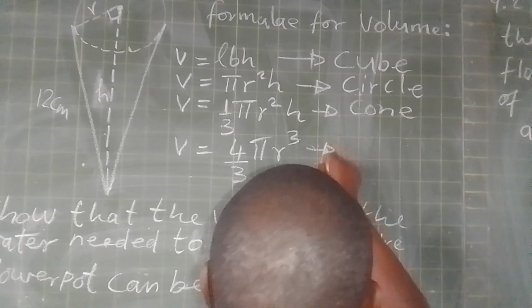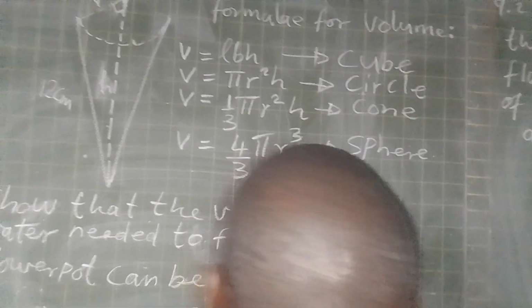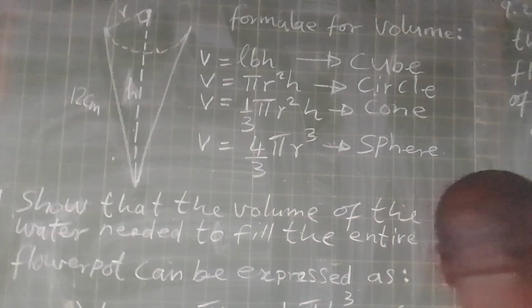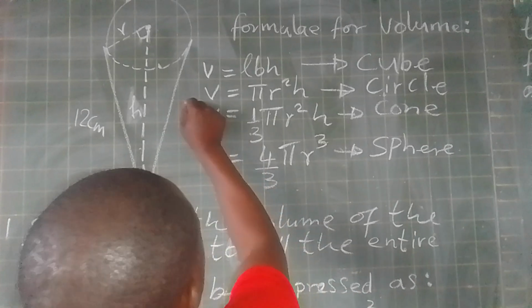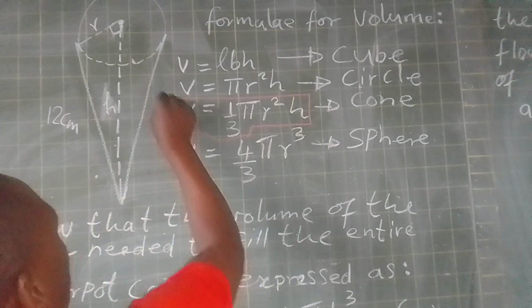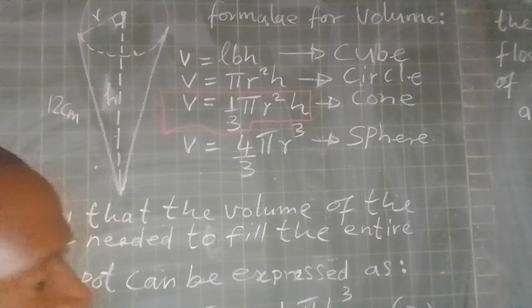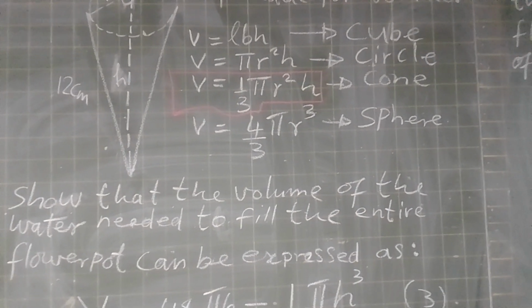The last one is a sphere. So we are going to take this one because we are dealing with a cone. But you are given the formulas in the exam room. Don't panic about which one to use.